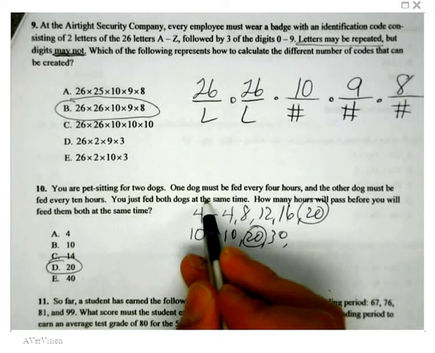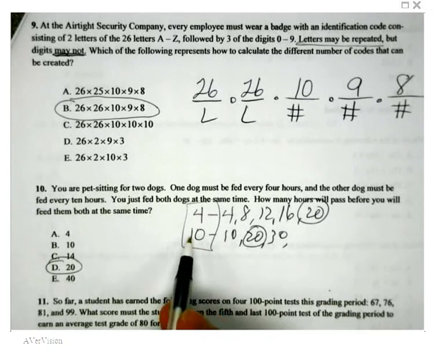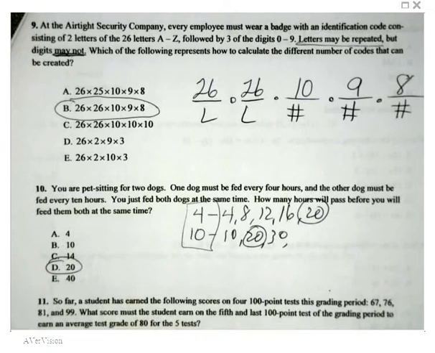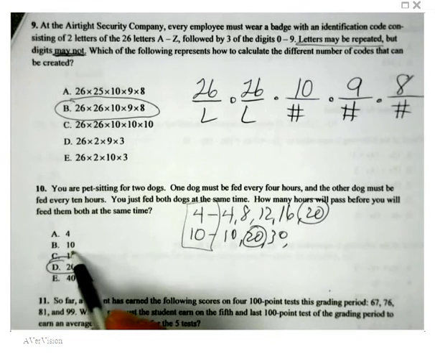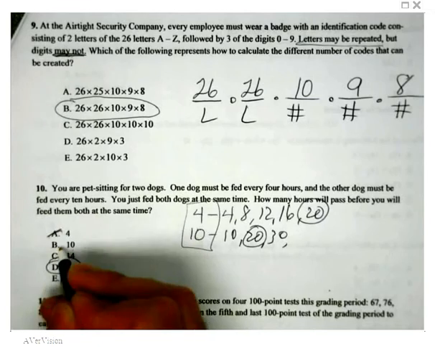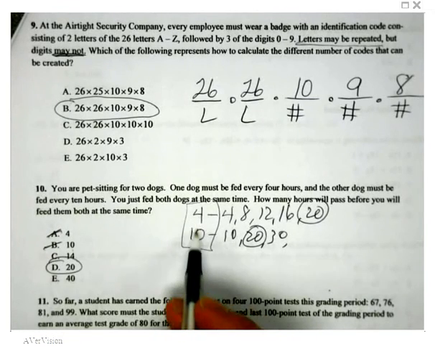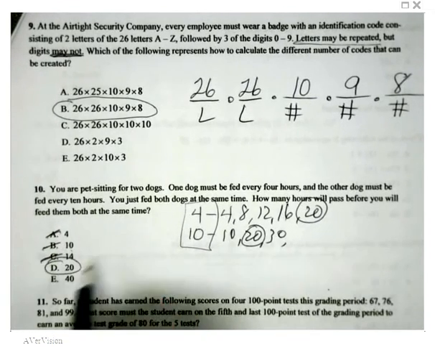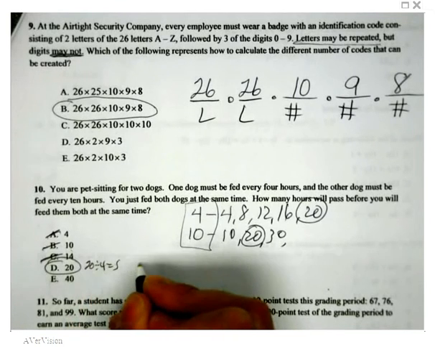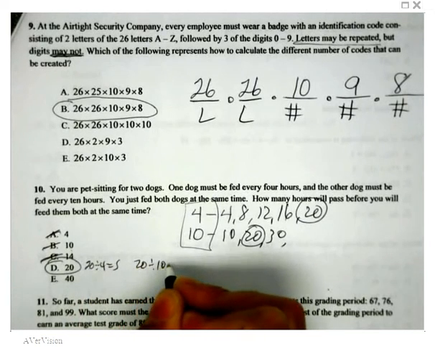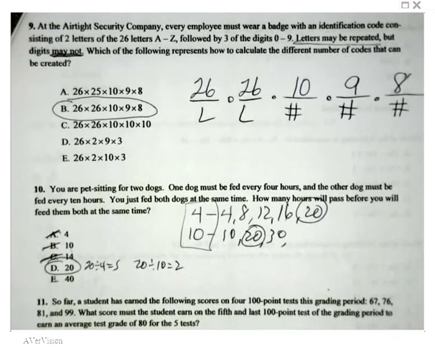I could look at the 4 and the 10, and I could start dividing them in until I found one that worked. Well, 10 doesn't divide into 4. 4 doesn't divide into 10. So that would eliminate each of those. Neither of them divide evenly into 14. But when I get to 20, 20 divided by 4 is 5. 20 divided by 10 is 2. And that's the first number that both go in. So that could work for me.